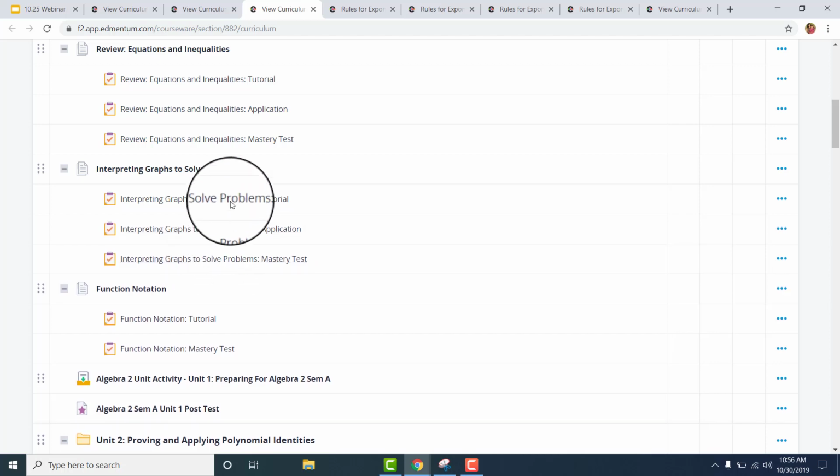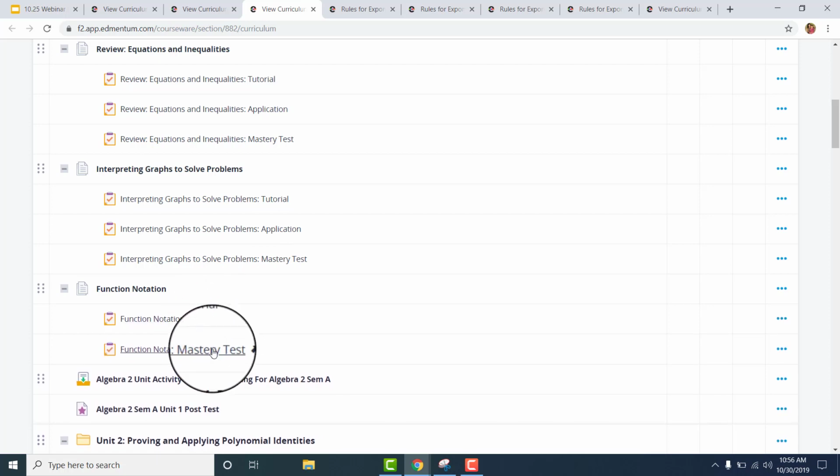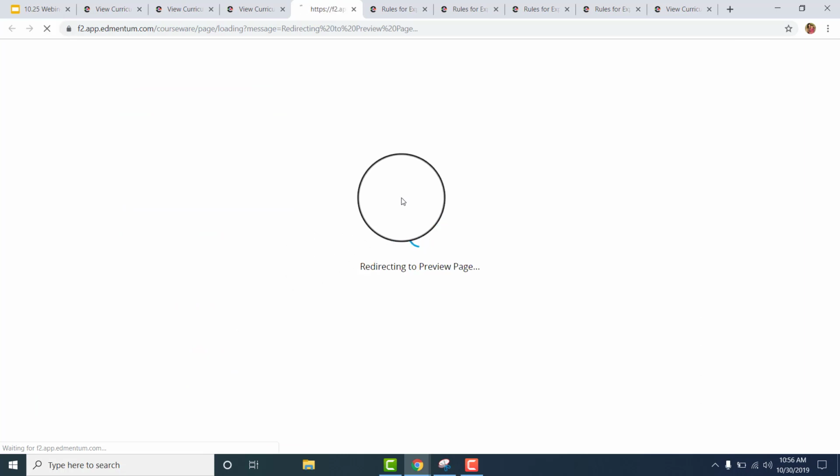In this module, as you can see above, we have 3 items: the tutorial, the application, and the mastery test. However, in this module, we only have 2 items: the tutorial and the mastery test.